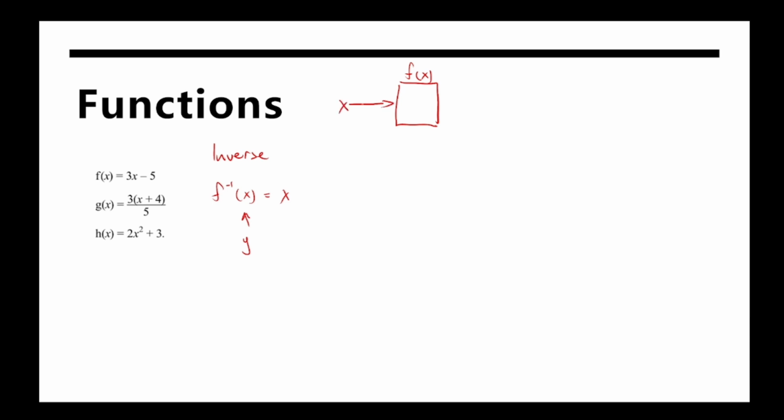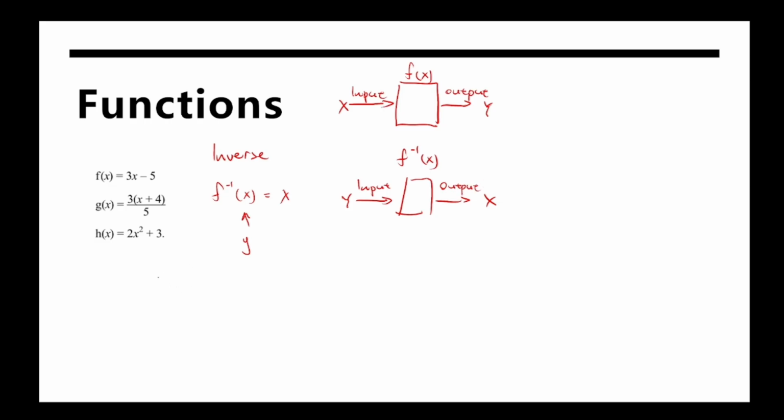When you put in an x input, you get a y output. Now the inverse of f(x) is the exact opposite of f(x), where if you put in y, you'll get x as the output.